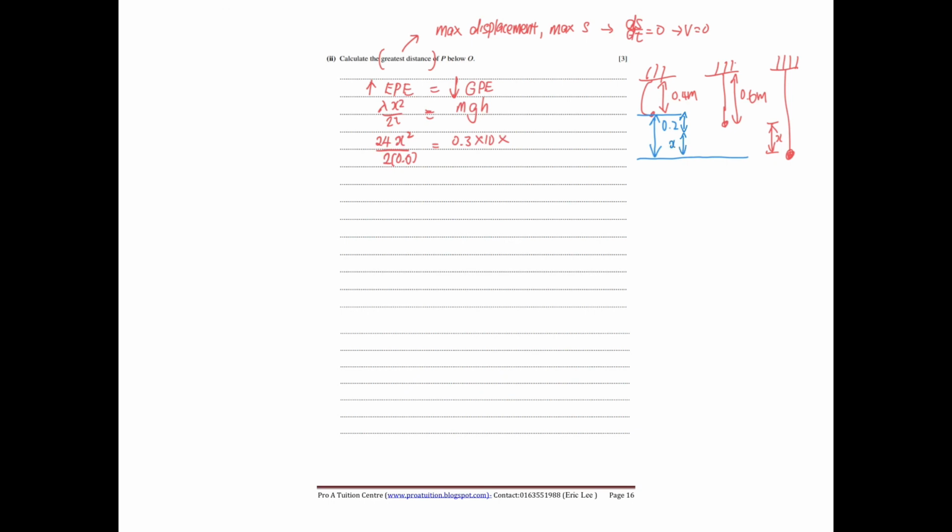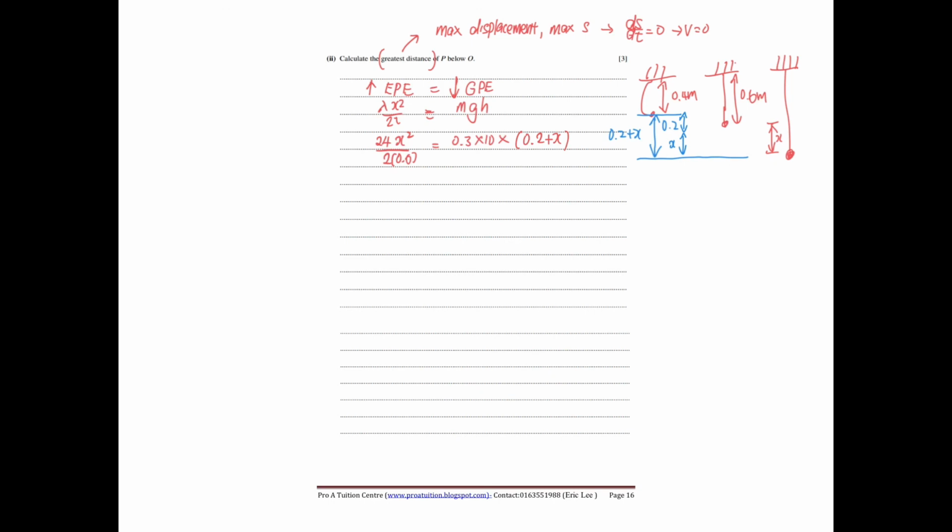So altogether 0.2 plus x is the total change in height. So we put it here, 0.2 plus x, and we need to solve to find x.